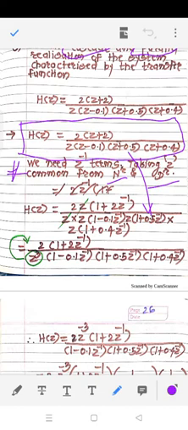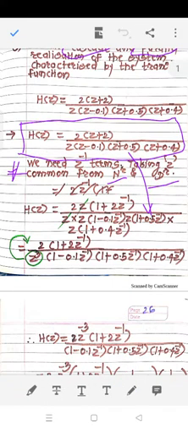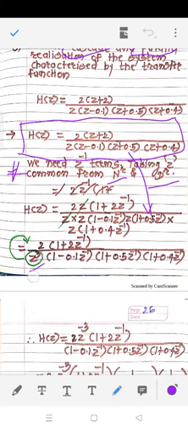Now how many z terms are here? There are 3 brackets which are having z terms, so we get z cube. And in the numerator also we take z common, so that becomes 1 plus 2 z inverse, and this z and this z will cancel out, correct?